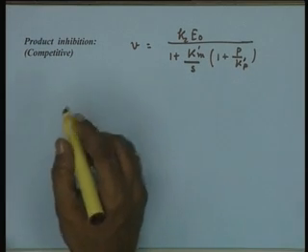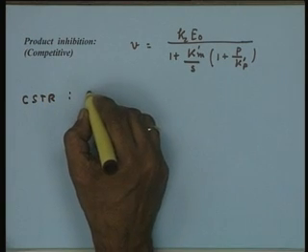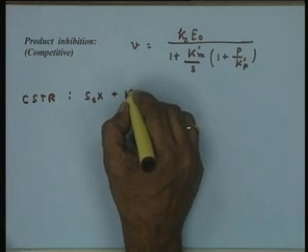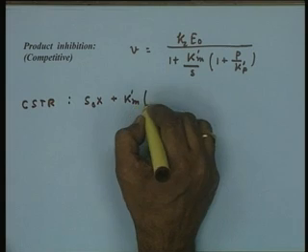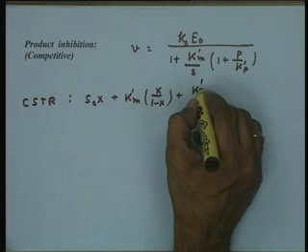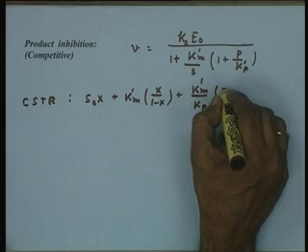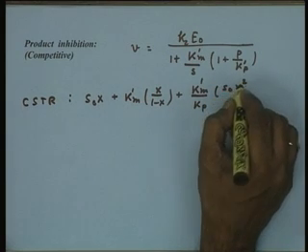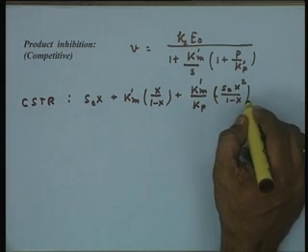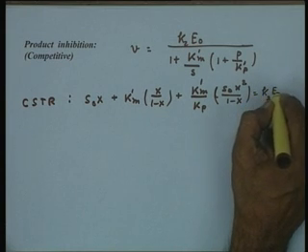In this case also one can write down the reactor performance equation for CSTR as S naught x plus K dash m x upon 1 minus x plus K dash m upon Kp, S 0 x square upon 1 minus x, equals K2 E naught tau.